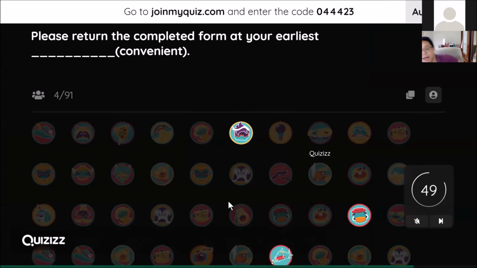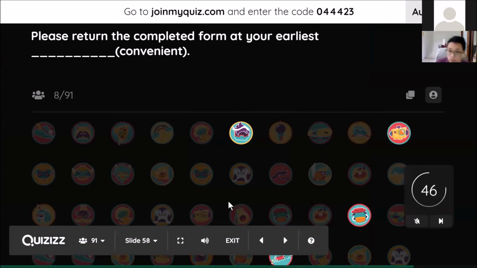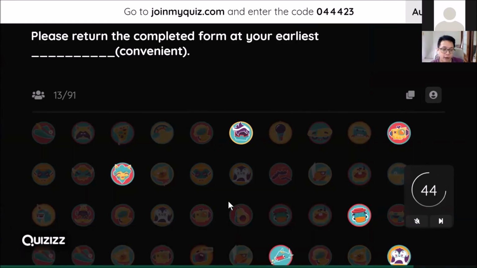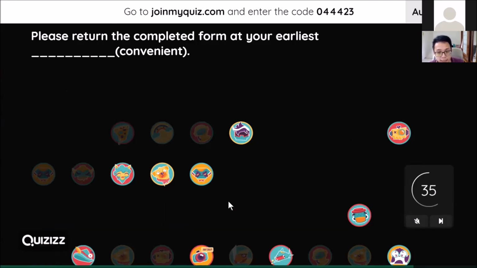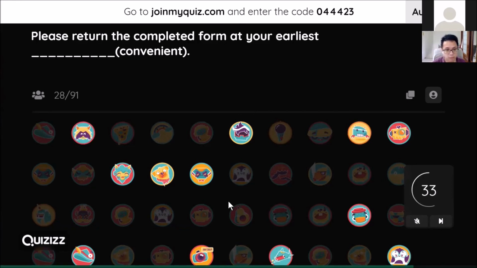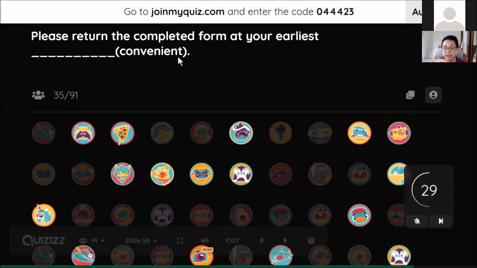At your earliest. Earliest here is a 最早的. Okay, you see the EST, don't be confused by the EST. It is still an adjective. So what are you missing here in your sentence? You're missing a noun. So how do you change this? This one is an adjective. How do you change convenient into a noun?